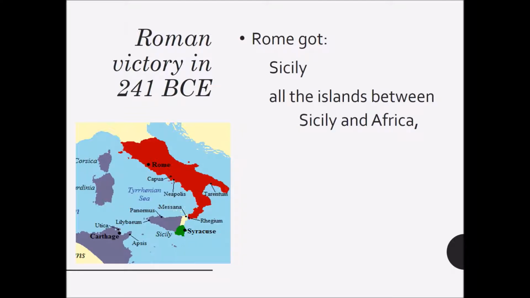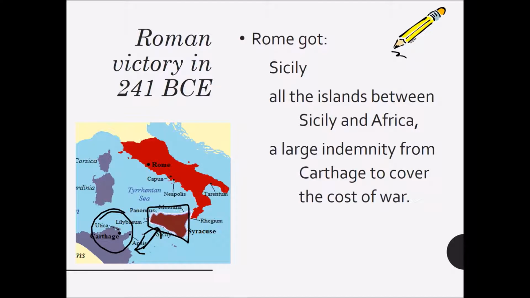As part of the peace treaties, Rome got control of all of Sicily and then all of the islands between Sicily and the northern coast of Africa to act as buffers between Sicily and the Carthaginian Empire here on the northern tip of Tunisia. In addition to that, Carthage had to pay a ridiculously large indemnity fee in order to cover the costs of the war.